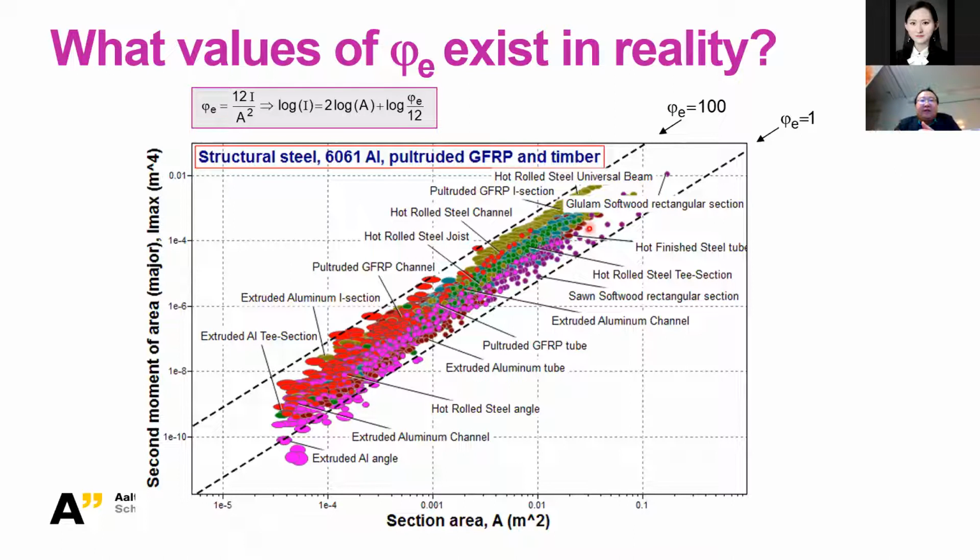This is the kind of upper limits, this 100, of our material and also of our shape. There are two limiting factors. But I want to ask you, if you look at here for some extruded aluminum angle, actually this is already the truth, but you see there's some profile which is below 1.